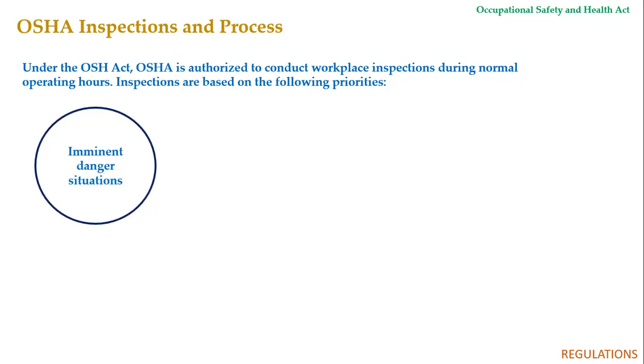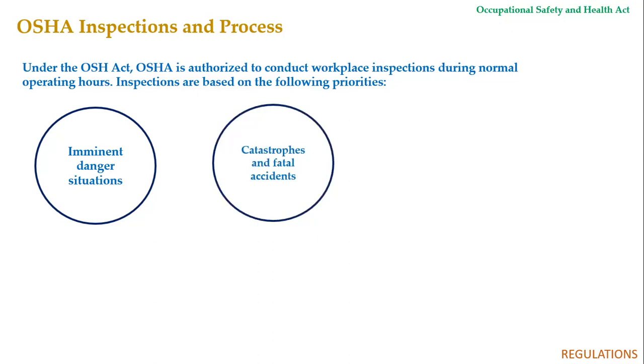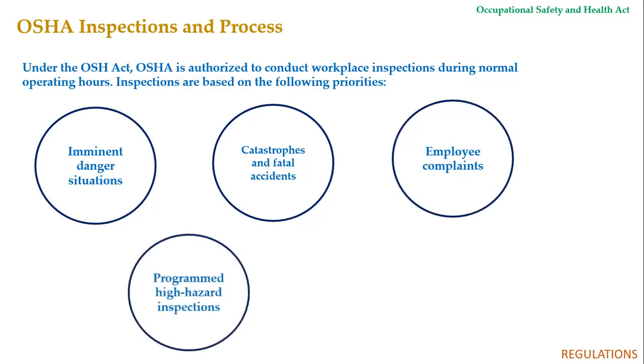The first is the imminent danger situation, then the catastrophes and fatal accidents, then employee complaints, then programmed high hazard inspection, and follow-up inspection. So these are the various priorities of the inspections.